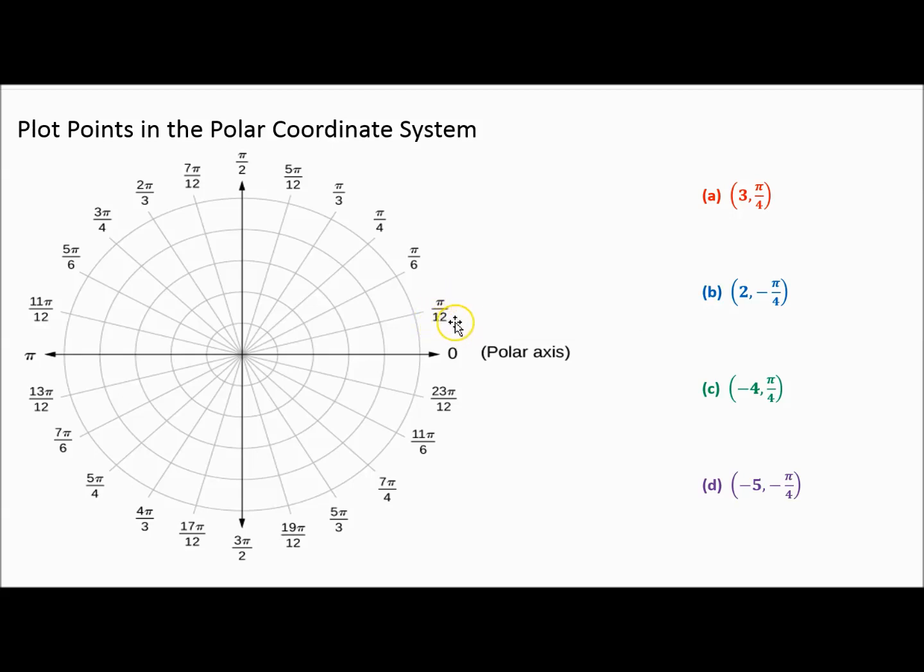Notice it goes pi over 12, which we don't even have memorized on our unit circle. Then, of course, pi over 6, pi over 4, pi over 3, 5 pi over 12, and pi over 2. So these are broken up every pi over 12. This could also be in degrees. There's no reason it has to be in radians, although we're going to work with radians, but it could be in degrees as well.